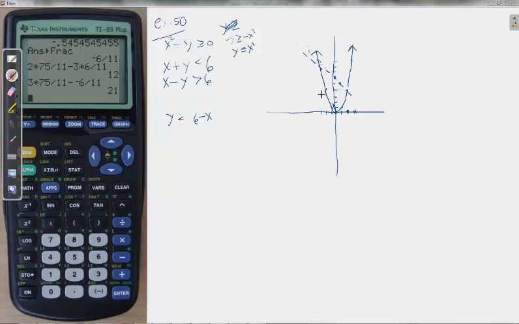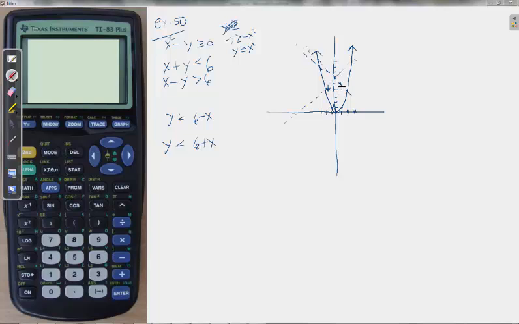And then the other one would be y is less than 6 plus x. So that would look like that. Okay, so we're below, above, yeah. No, above, below. Thought I was just going to be in this thing, but no, I'm in this thing.